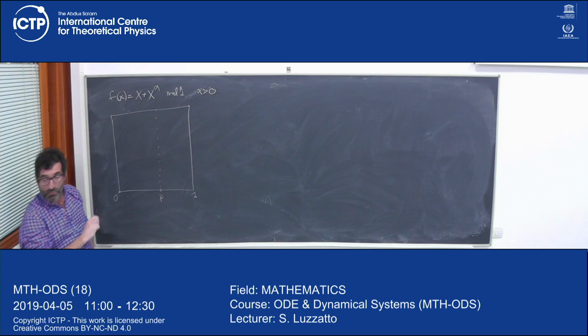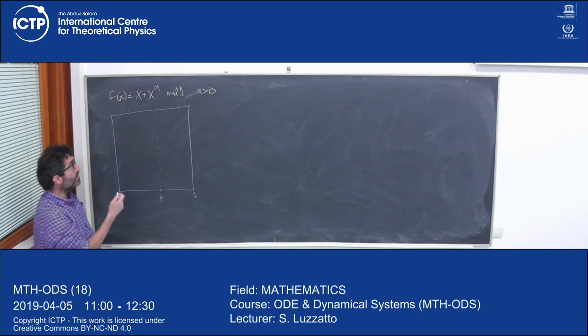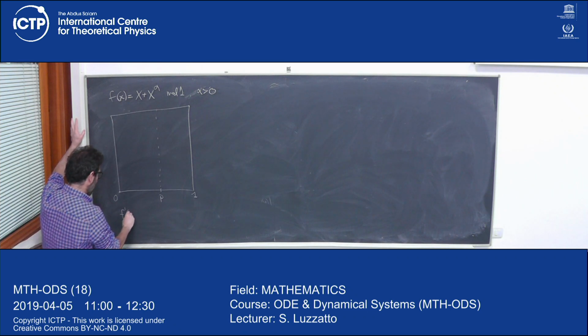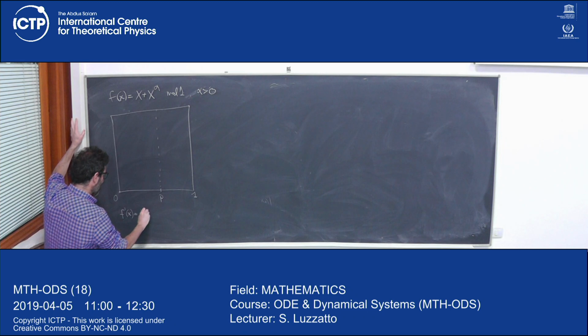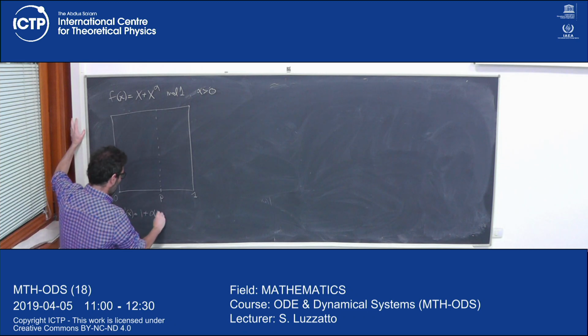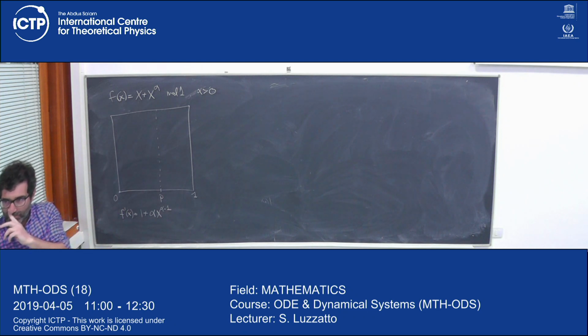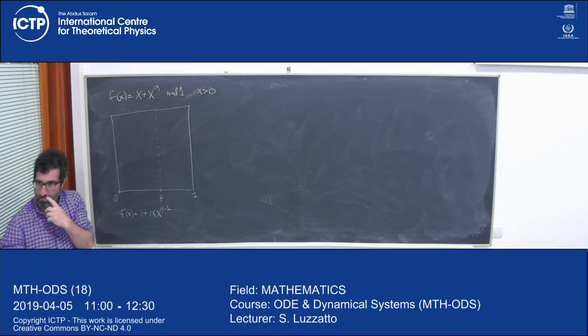Is it expanding? What is the derivative of this map? 1 plus alpha. Exactly. So f prime of x is equal to 1 plus alpha x^(alpha minus 1). It depends on alpha being bigger than 1.